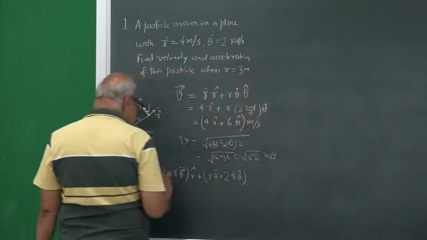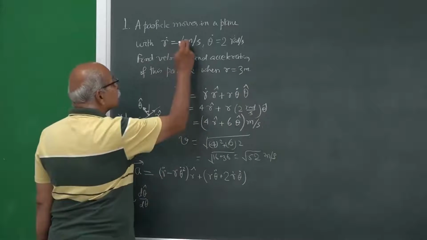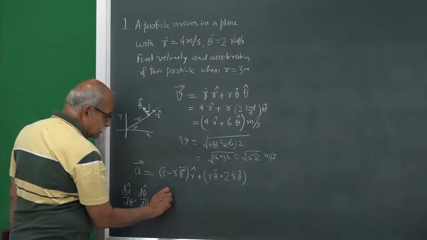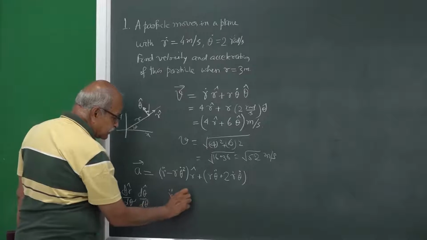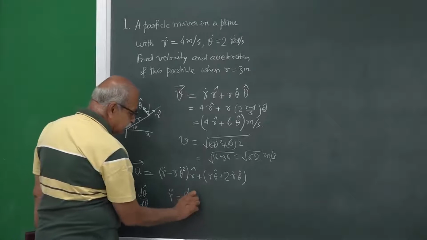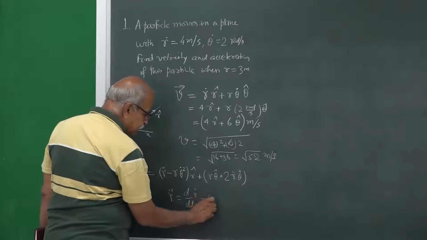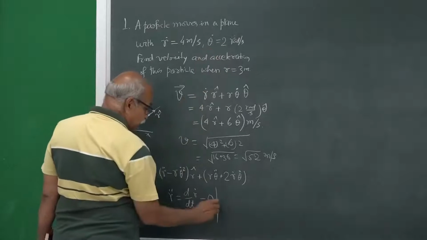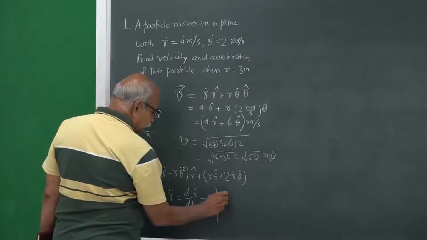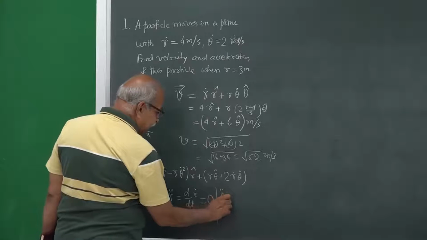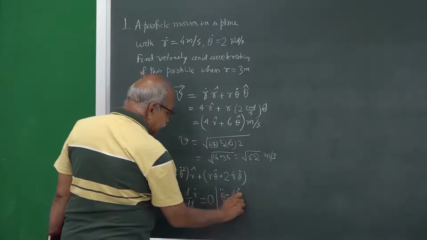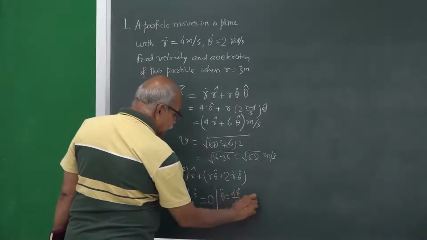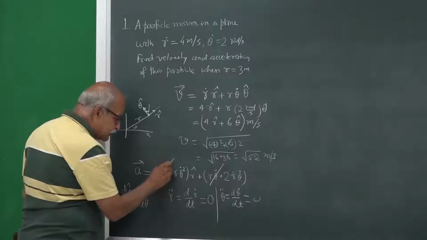So, if I put the values here, r dot is fixed. Okay. So, r double dot, which is d/dt of r dot, is 0. Theta dot is 2, and therefore theta double dot, d theta dot by dt, is also 0. So, this is 0 and this is 0.